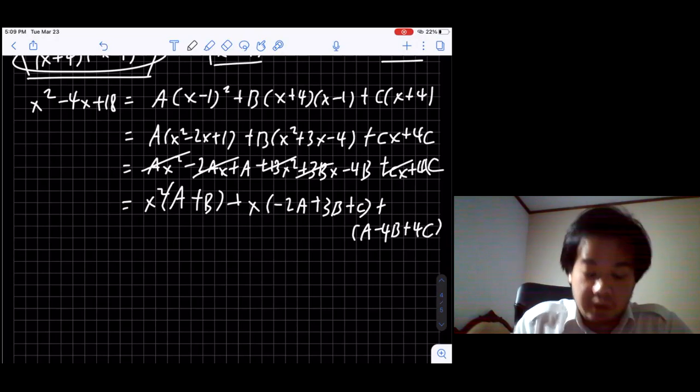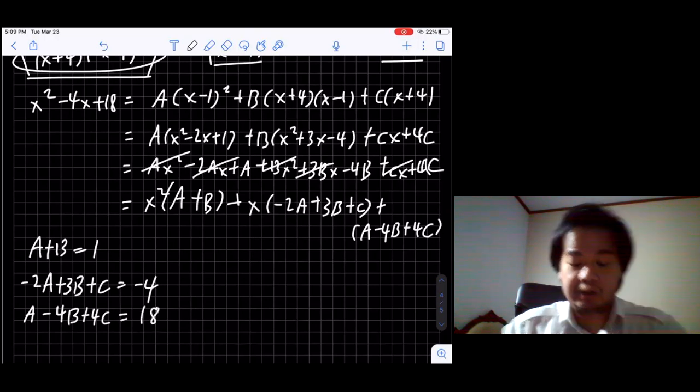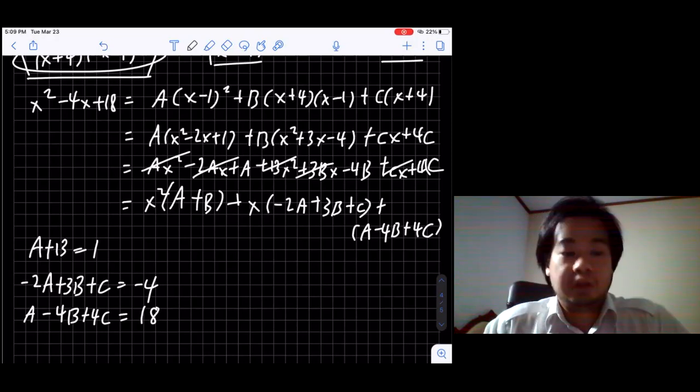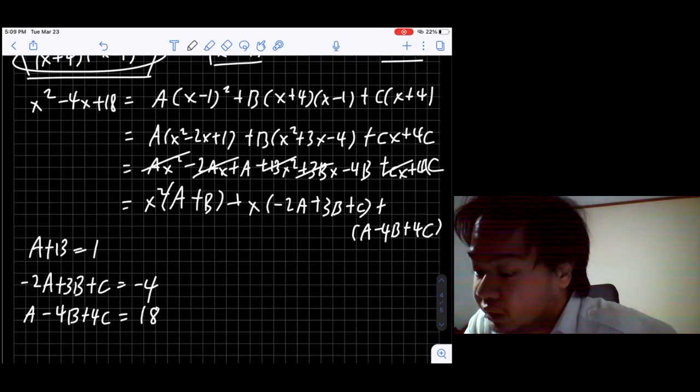So what I have here is a plus b equals 1, minus 2a plus 3b plus c is equal to negative 4, and then a minus 4b plus 4c is equal to 18. And then you need to resolve this. You need to find the solution for a and b and c.